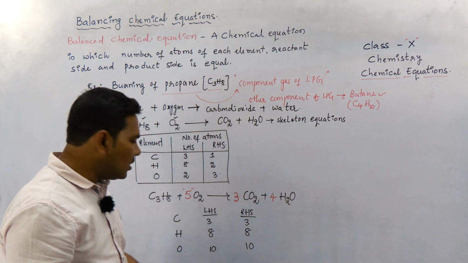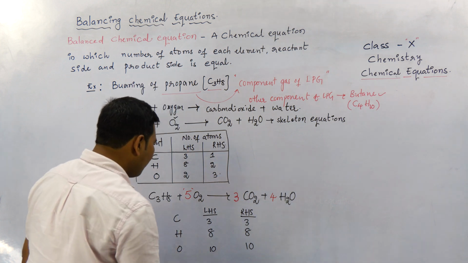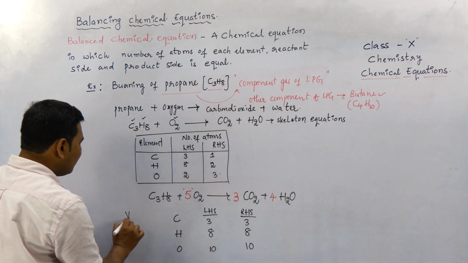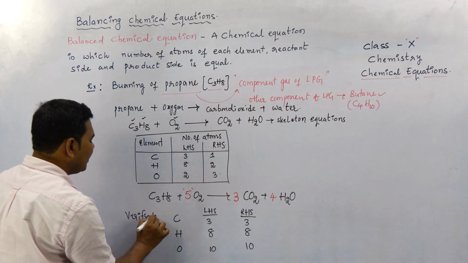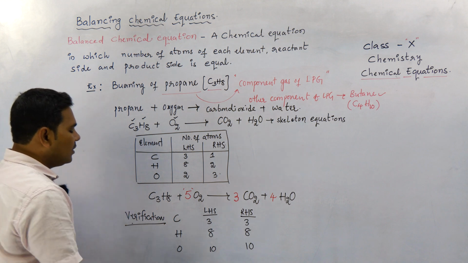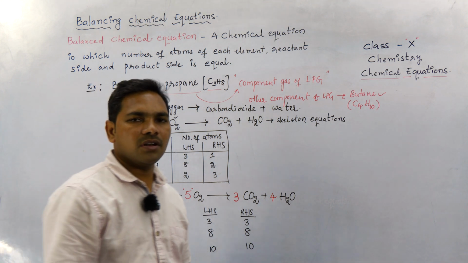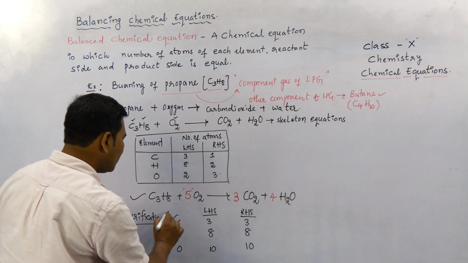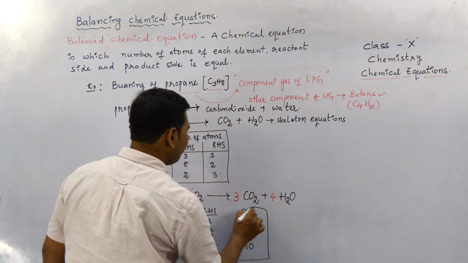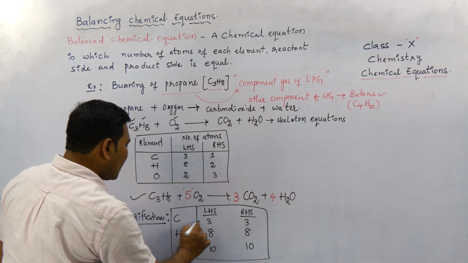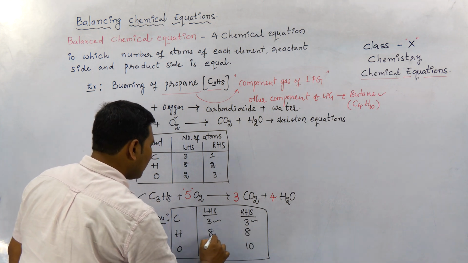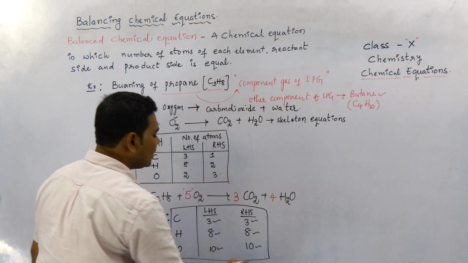This table is used for verification, a verification step to check whether the equation we have written above is balanced or unbalanced. If you look at this table: carbon atoms 3 and 3, hydrogens 8 and 8, oxygens 10 and 10, balanced.